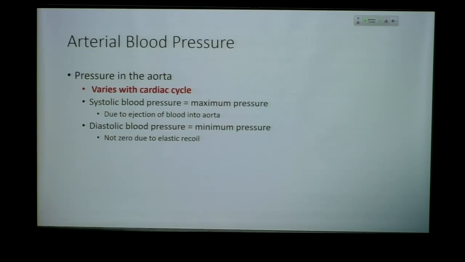Why does the pressure never get to zero, although the valve is closed? So the semilunar valves close, but the pressure in the aorta never gets to zero. Why is that? Recoil, perfect. So recoil.